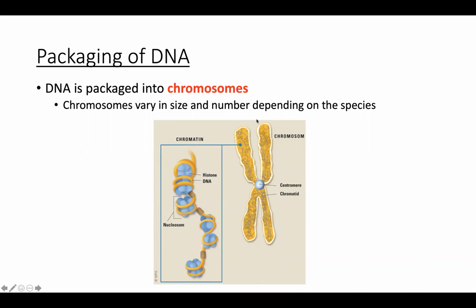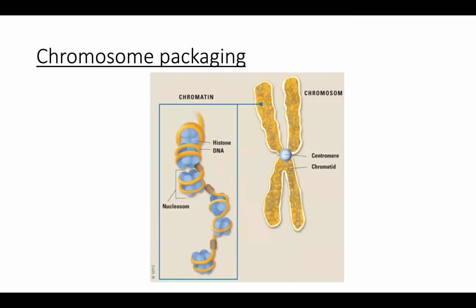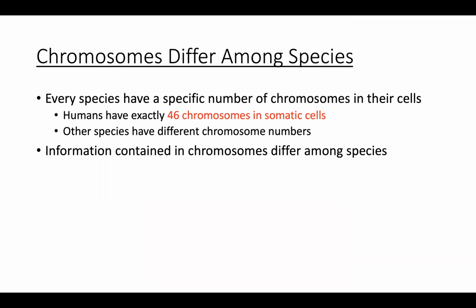And so structurally, this is what our chromosome looks like. We have these two sister chromatids being held together by this centromere in the middle. You've probably seen this illustration of a chromosome before. And again, the point I just made is that chromosomes differ amongst various species. We've talked about the diversity of life already. We know that there are millions of different types of organisms.